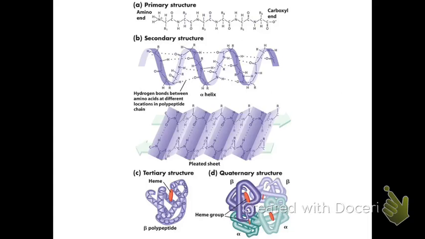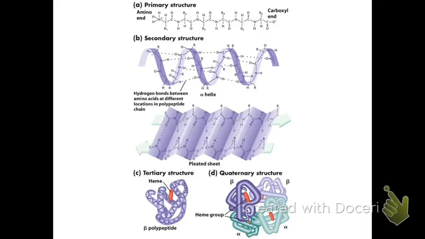This graph table more or less shows you the different levels of structure of a protein. The first one up there you see is primary structure. That is the actual amino acid sequence in the correct order. And then that amino acid chain, or polypeptide chain we should say, is going to start folding into secondary structures, and then they will fold into the final protein structure, which is called the tertiary structure.